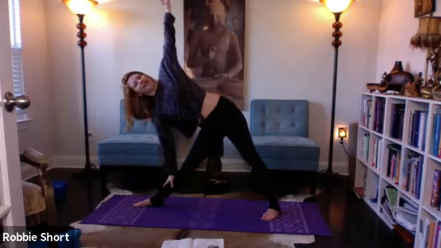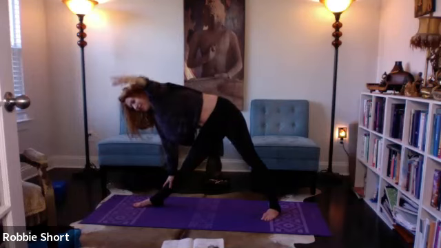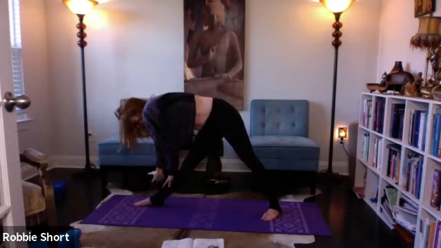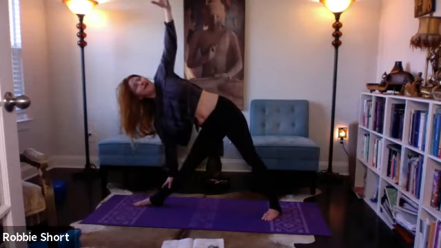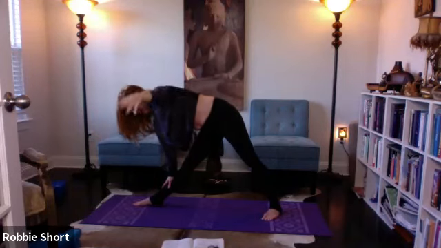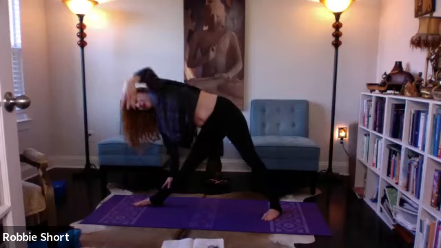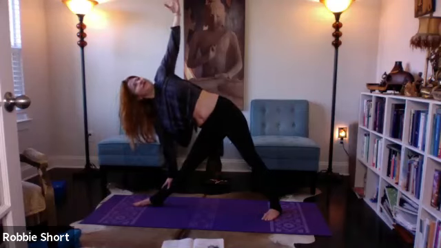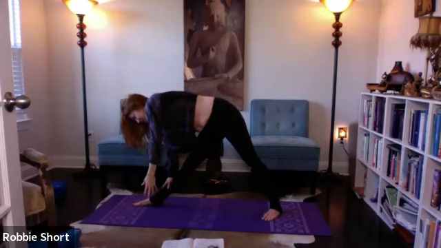Windmill down. Strike your triangle. And then exhale, contract to fan the arm down to gaze down. And inhale, open back up. Feel that twist. Exhale, bring it down. Inhale, open up. Exhale down. Last one.